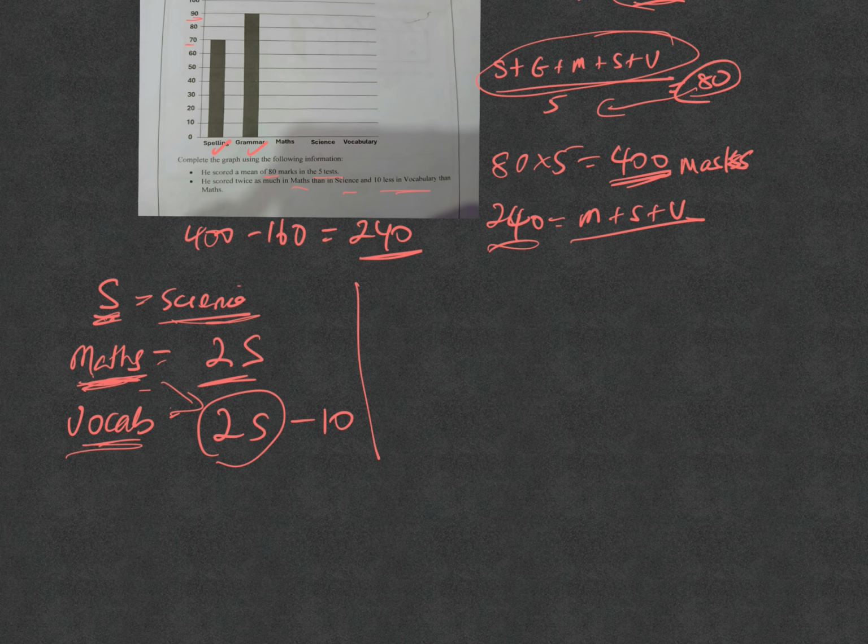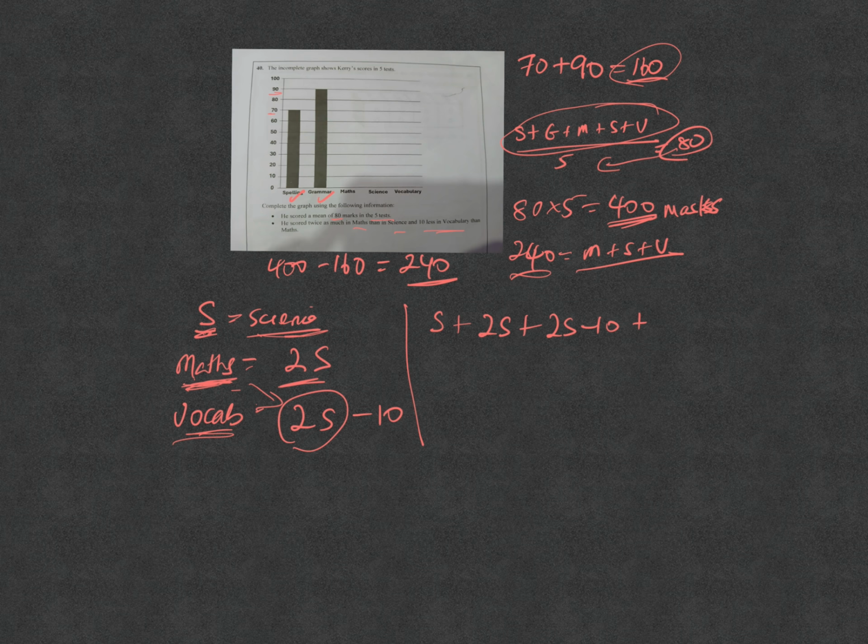So when we add all of this up, we're going to get science plus maths, which is 2S, plus vocabulary, which is 2S minus 10, plus, remember, spelling and grammar would be 160. So plus 160 would be the total amount, which we worked out to be 400 marks.